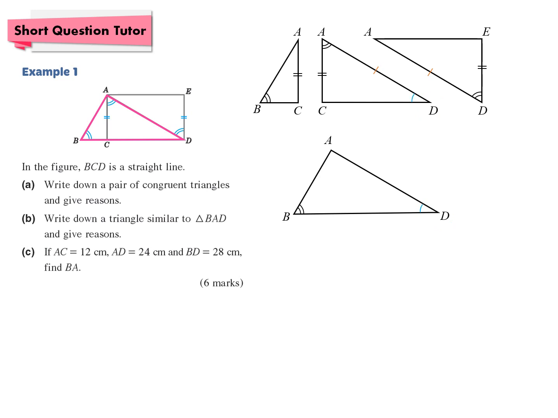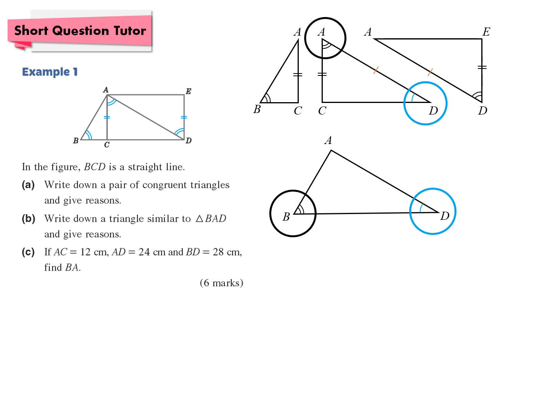To prove that 2 triangles are similar, one common method is to find out 3 equal pairs of angles in 2 triangles. Look at these 4 triangles. Triangle BAD has an angle with a blue arc and an angle with 2 black arcs. For the 3 triangles above, triangle ACD has an angle with a blue arc and an angle with 2 black arcs too.